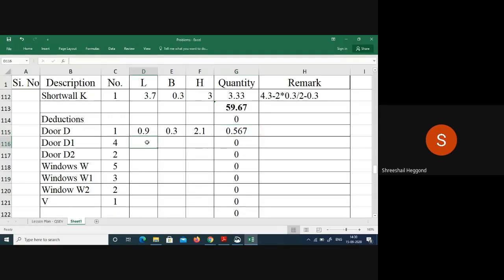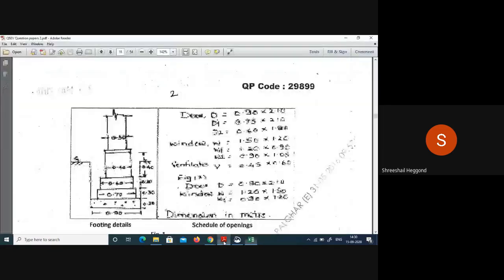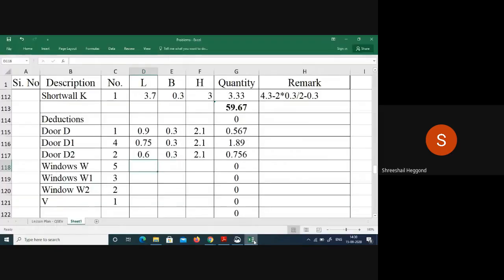And 0.75 for D1, 0.3 and 2.1. 0.6, 0.3 and 2.1 dimensions I am writing directly. And next is W, that is window, 1.5, 0.3, 1.26.